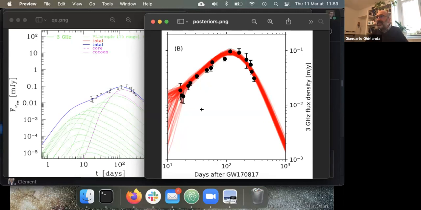But I think it depends also on the way you discretize the jet, because the Lorentz factor is very low. So you can have emission along your line of sight, but you have to integrate over the parts which are nearby your line of sight, which can contribute.